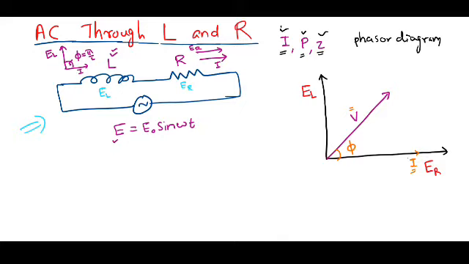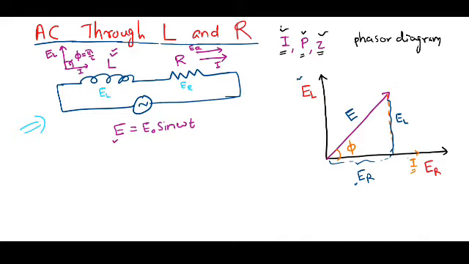Then, if you refer to this figure, this length is nothing but EL, and this length is nothing but our ER. Then, this net voltage, instead of V, I will write this as E, because everywhere we have used the notation E for the voltage.